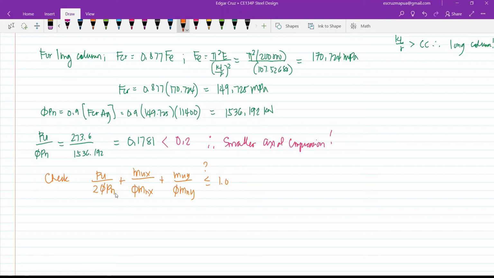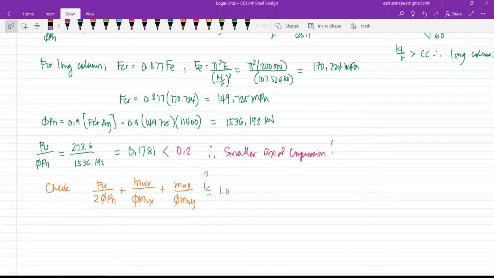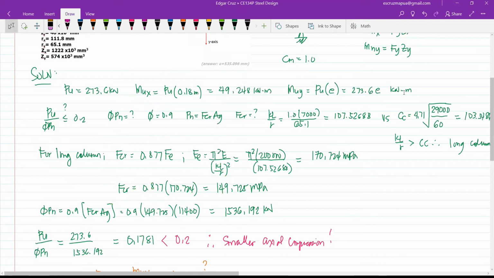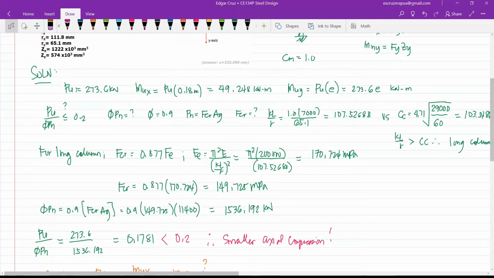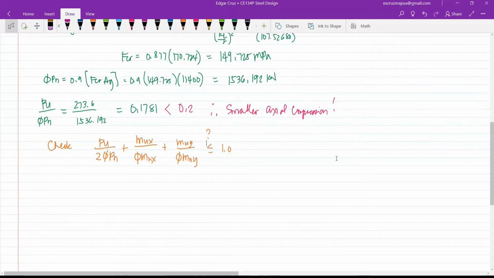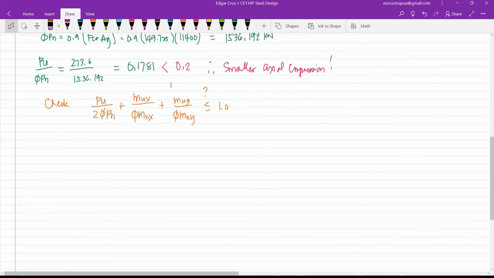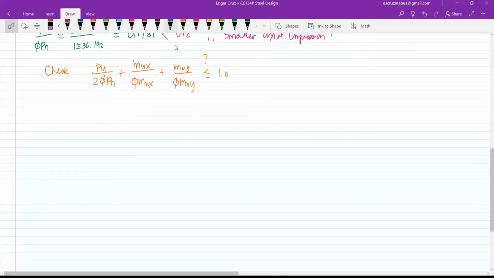Basically, yung mga numerators, alam na natin yan, na-solve na natin siya doon sa pinakaunang part. So basically, yung denominators na lang yung mga hanapin natin. Yung PU over phi PN, i-divide na lang natin siya ng 2 mamaya. So let's start with phi MNX.